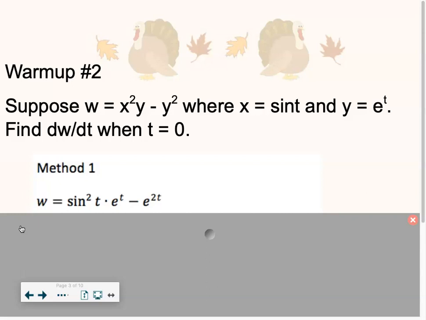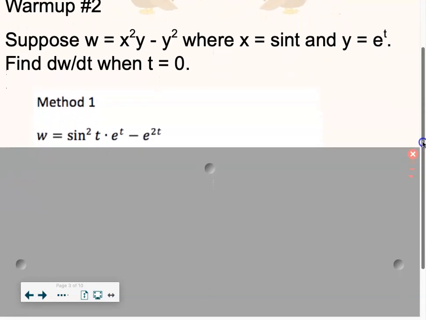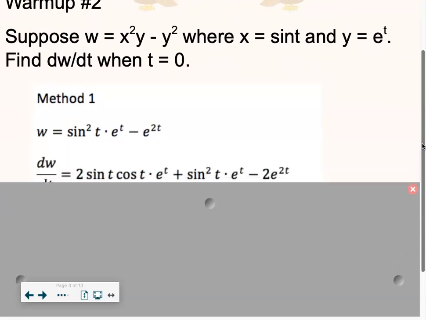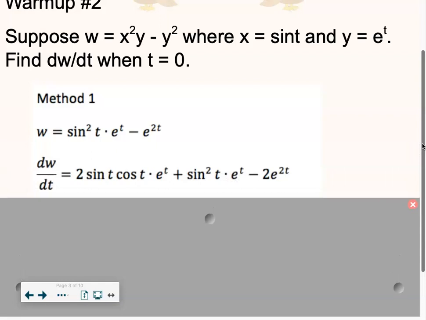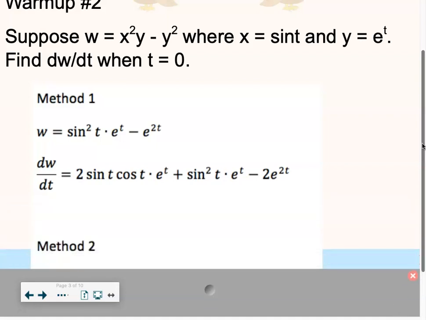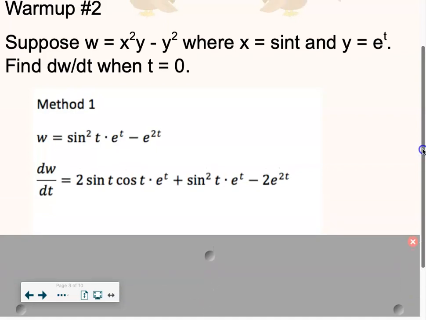All right. So the first method is to just substitute. Replace the x with sine t. Replace the y with e to the t, and then you just find the derivative dw dt. I asked for it at t equals 0, so you plug in your 0. Oh, where's my answer? I never plugged in my 0.